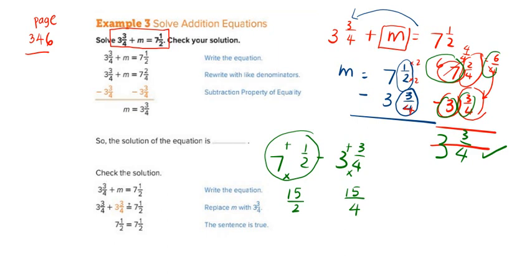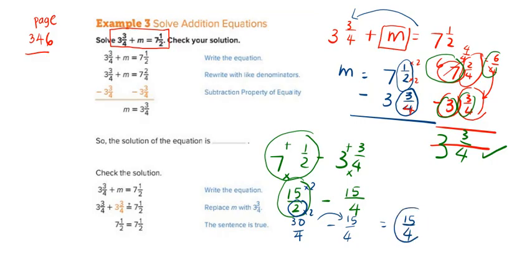Again, we cannot subtract until the denominators are the same. So we're going to change this 2 to become a 4, so we multiply it by 2. This will become 30/4 because 15 times 2 is 30, and this fraction stays the same. Now 30 minus 15 is 15, so you're going to get 15/4.